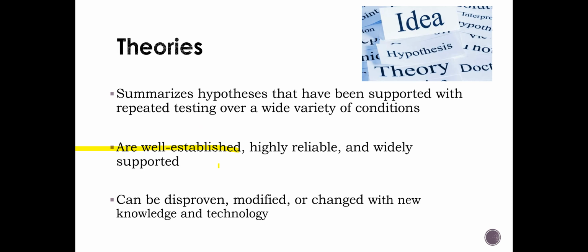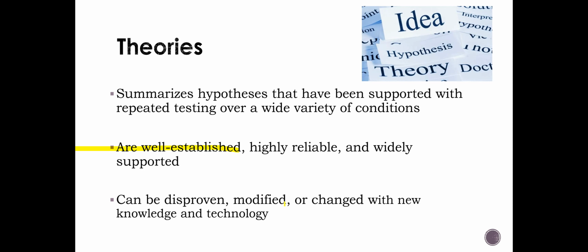That doesn't mean they're set in stone, okay? With more information, they could be changed, further supported, or possibly thrown out. But a theory to reach that level is a very strong piece of information and evidence, and it is something that has been shown to be true many times, okay?